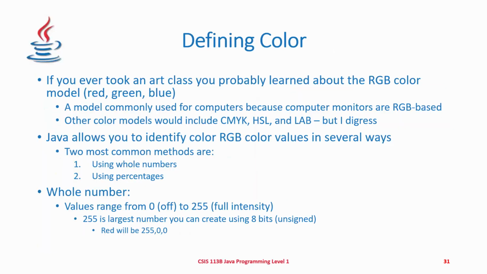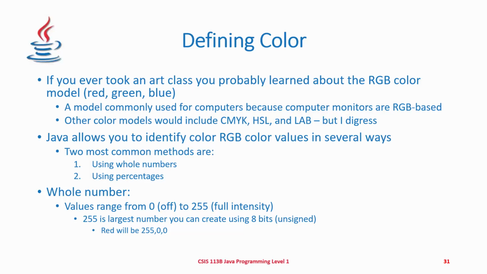So as I said earlier, color can be defined in many different models in the computer science arena. One of the most common ones is the RGB color model, because your TV and your LED screens, basically that's what they use, is red, green, and blue to mix things up and create all the different colors in the rainbow.